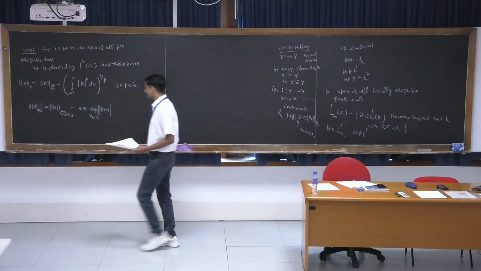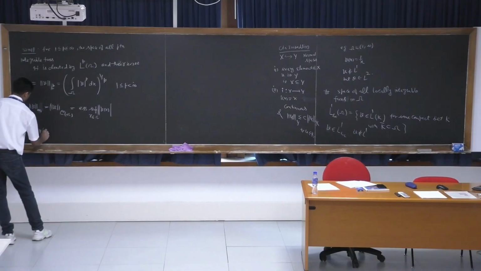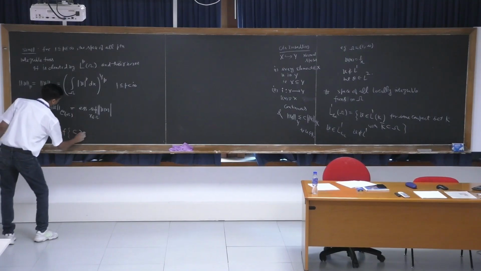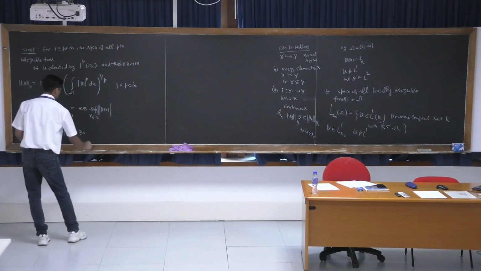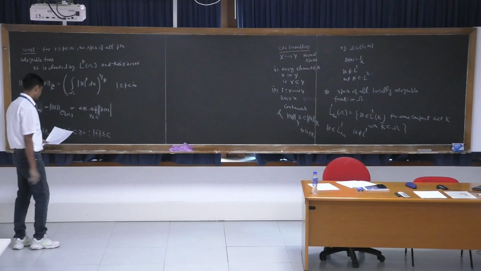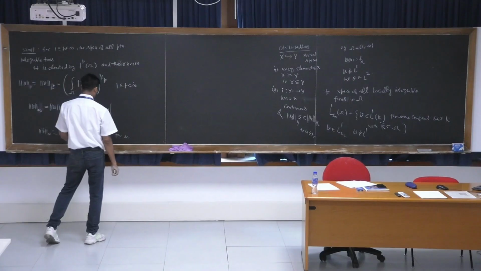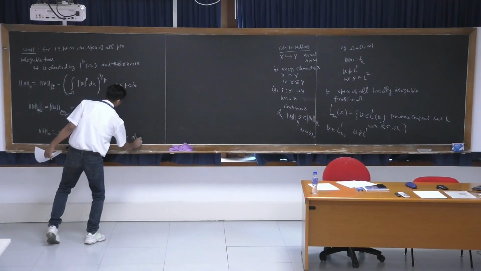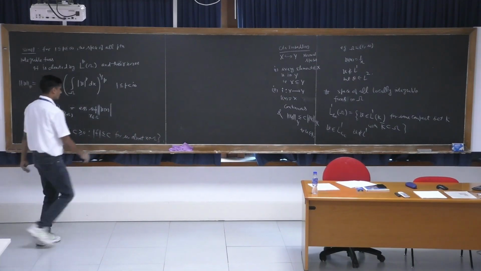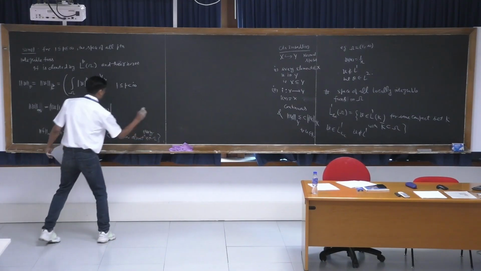Or if you want to define what is this essential norm, you can define it like this: the L-infinity norm of f is equal to the infimum of all c greater than or equal to 0 such that the modulus of f is less than or equal to c for mu-almost every x belonging to this.